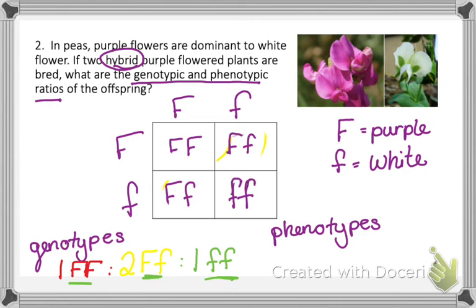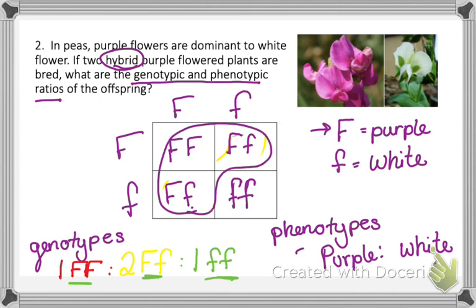I need to find my different phenotypes: purple compared to white. Being purple means you have at least one dominant allele. So it would be 3 purple and 1 white. That is the ratio I'm going to set up.